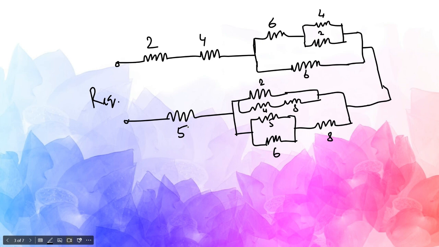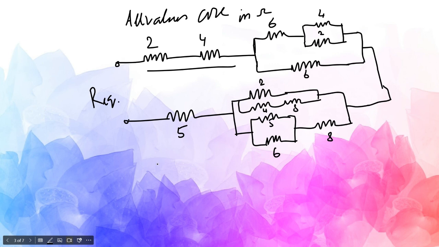Now how to do this? All values are in ohm.